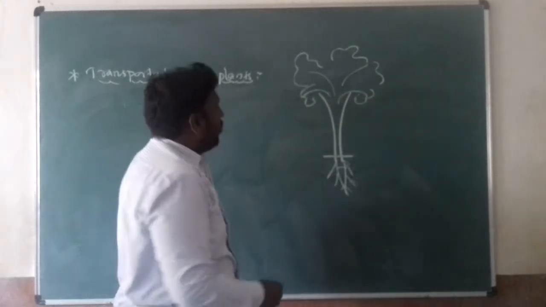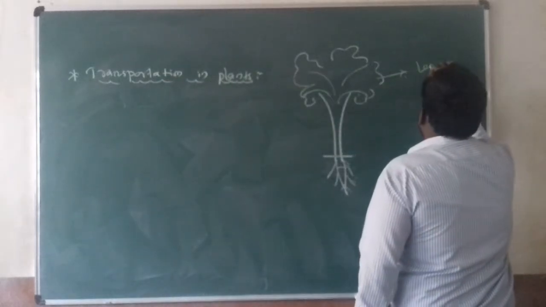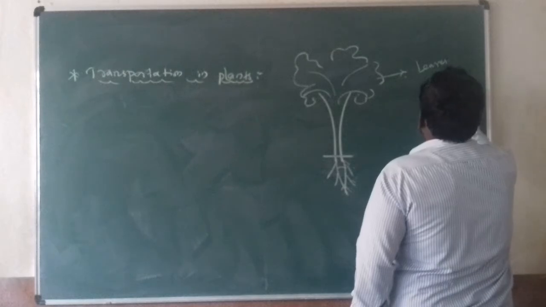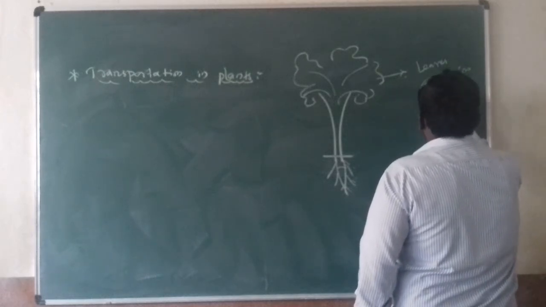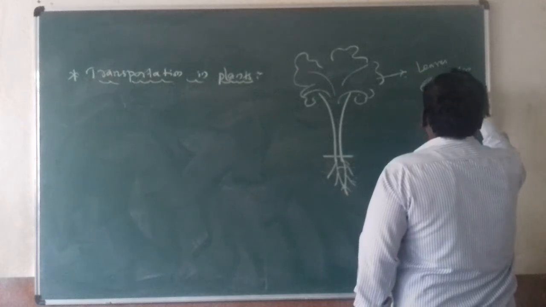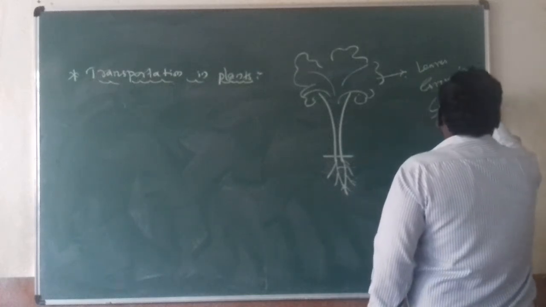The process of photosynthesis takes place in the leaves. It means leaves are green in color, and they have chlorophyll pigments in them.